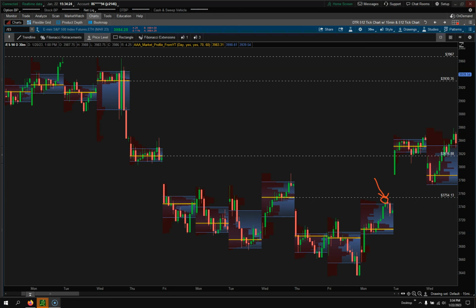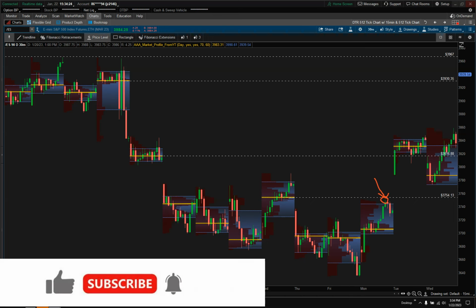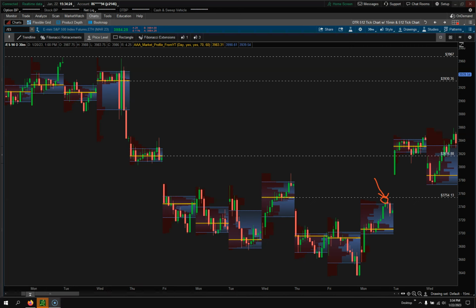And price reverses. Could have had a potential short order, maybe a discretionary couple point stop above the point of control, maybe a point below it to make sure you get the fill. Sometimes it'll come up short, sometimes it'll touch it exactly, sometimes it'll overshoot. So there are multiple things that it'll do.